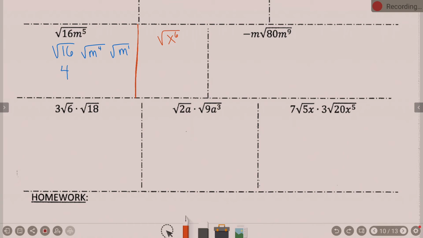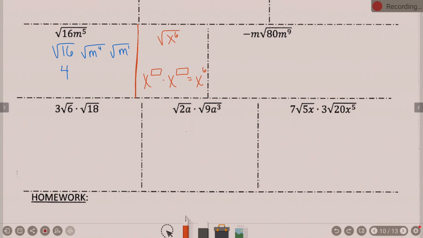So when we talk about the square root of x to the 6th, what you're asking yourself is x to what power times x to what power equals x to the 6th. Now, when we multiply with like bases, what do we do with the exponents?